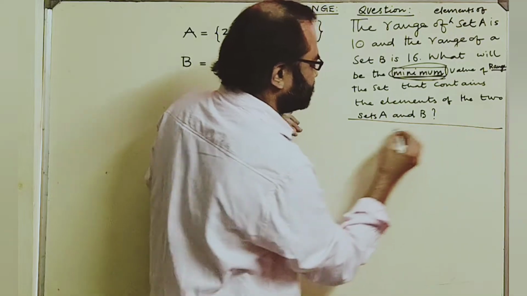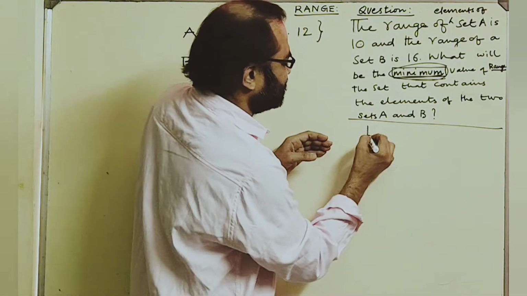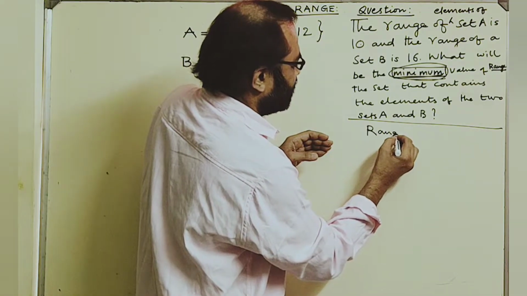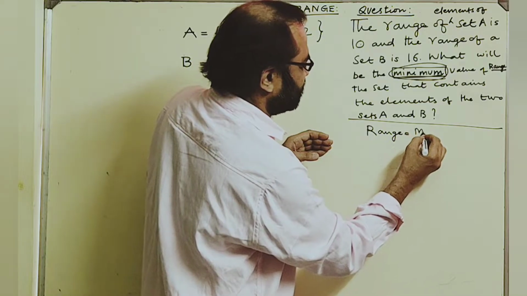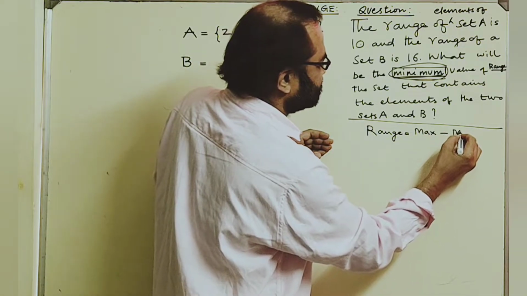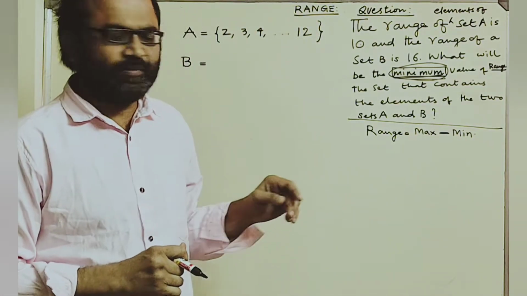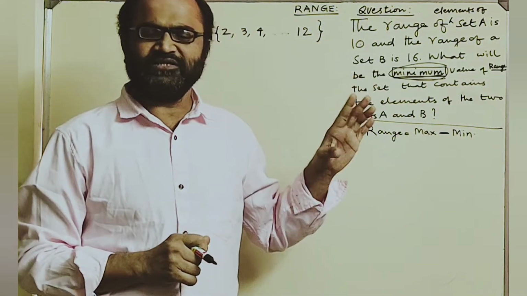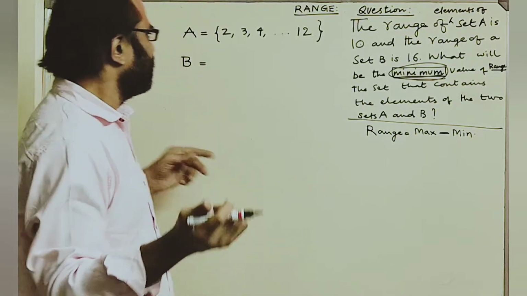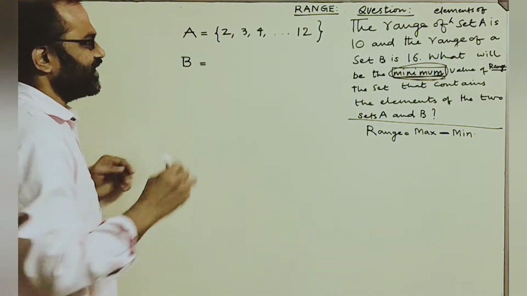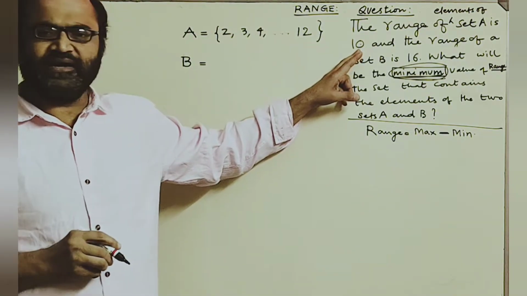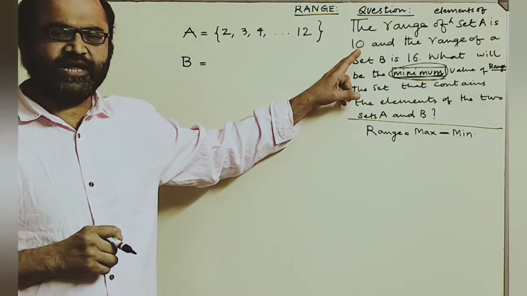First, remind yourself what is range. What is the definition of range? Range of a set is the difference of the maximum number and the minimum number in the set. You can take any elements in the set A so that its range will come out as 10.